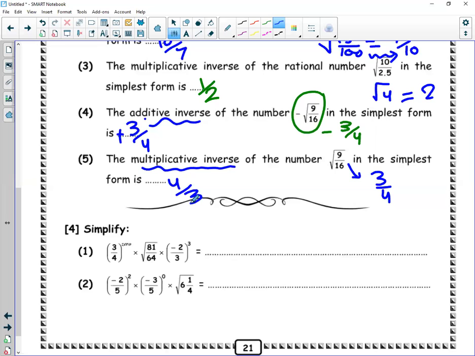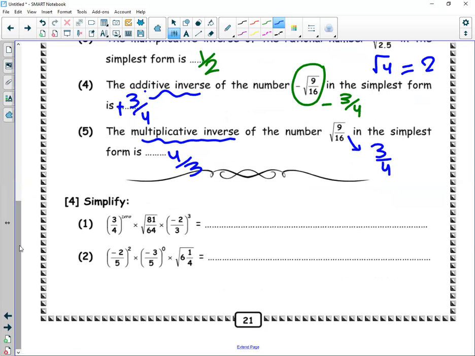The last equation with us, simplify each of the following. 3/4 power 0 times root of 81/64 times -2/3 power 3. Firstly, 3/4 power 0 will be equal 1 because any number power 0 equals 1, times 81/64 under the square root.